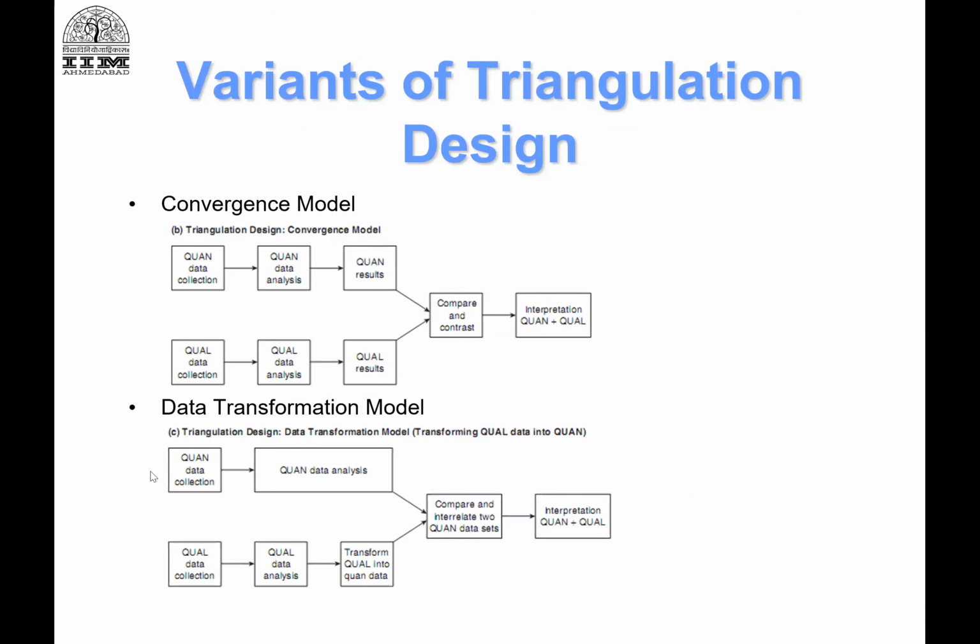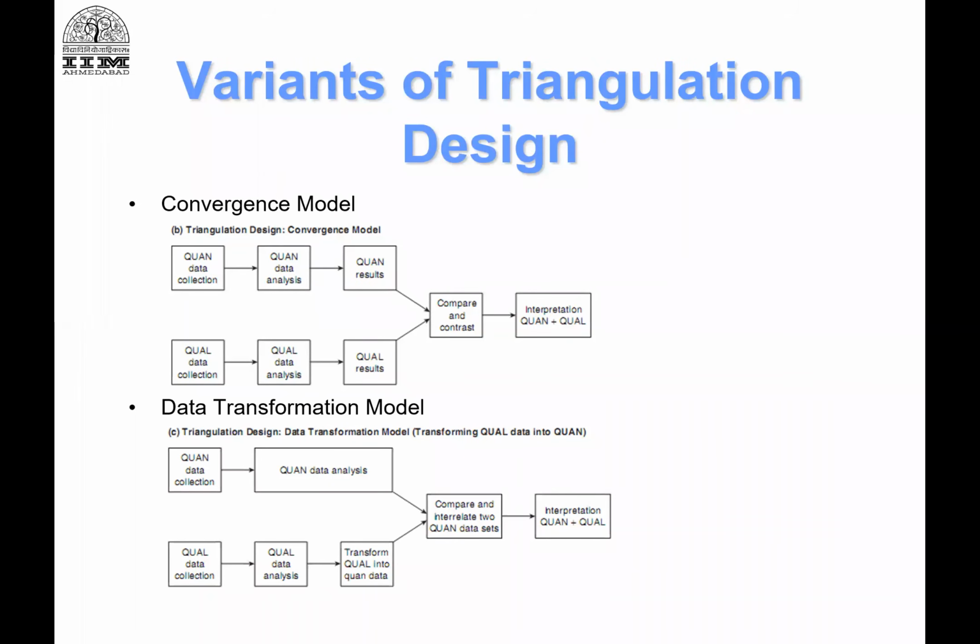There is another kind of design which is called data transformation, where you do quantitative data collection, analysis, qualitative data collection, analysis, and then you can transform qualitative data also into quantitative data.